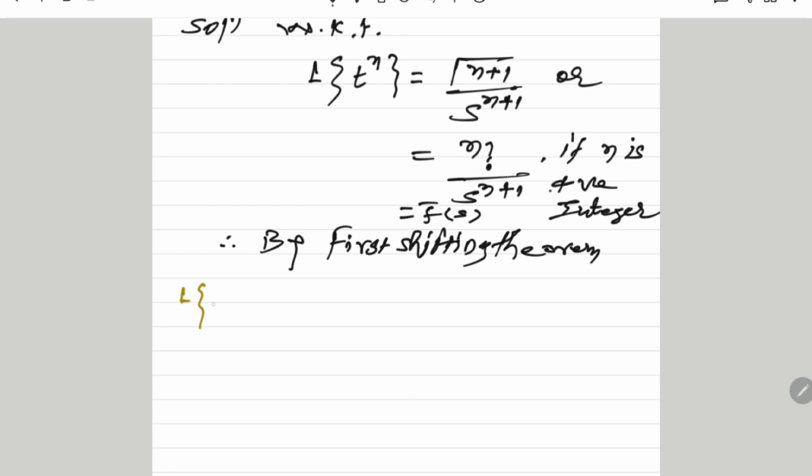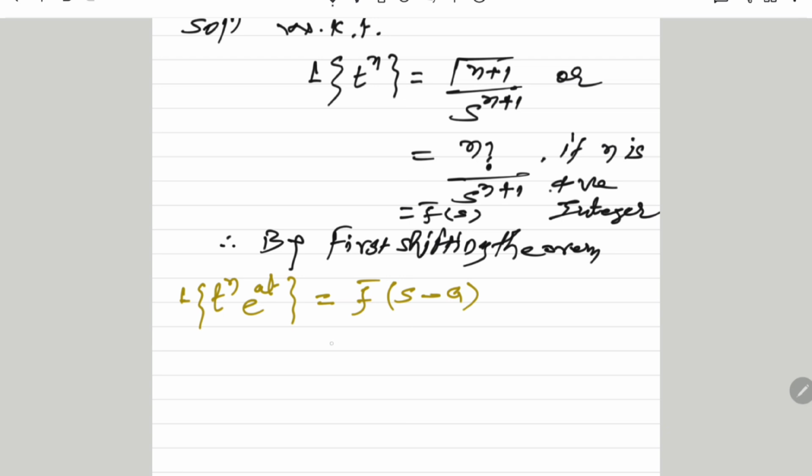Laplace transform of t raised to n into e raised to at, as it is multiplied by e raised to at, replace s by s minus a in the previous result.